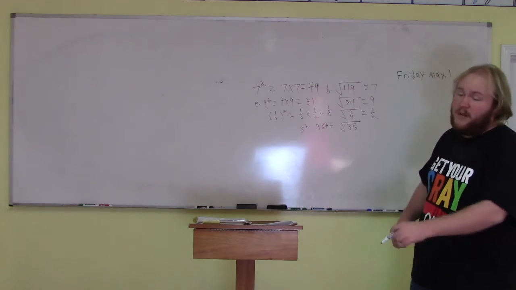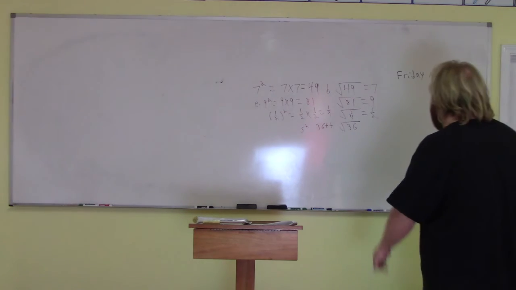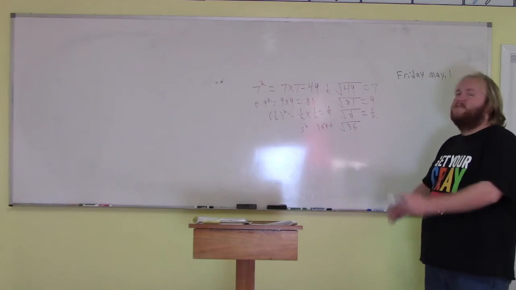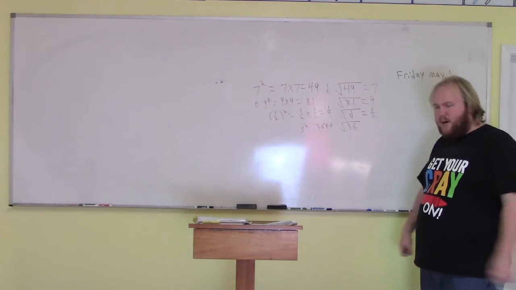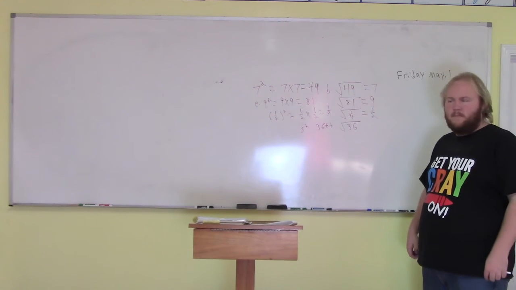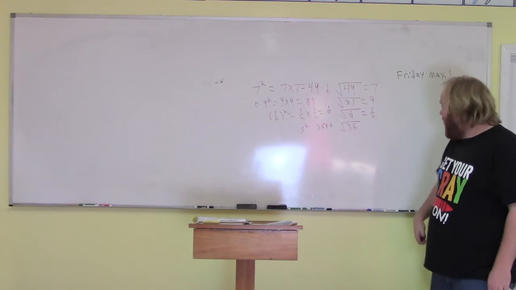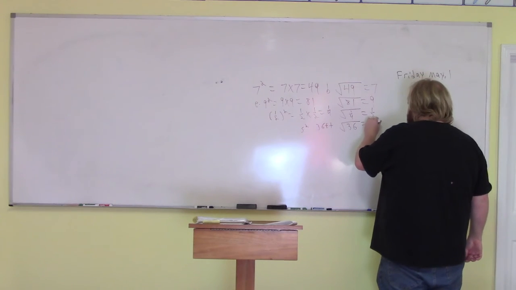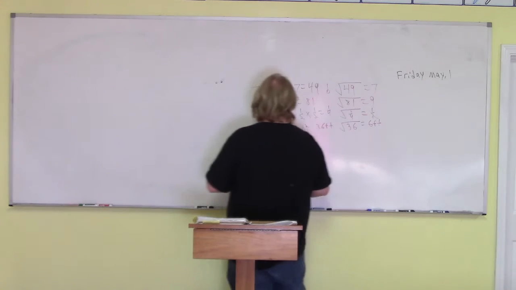And it is a whole number. I'll give you guys a couple of seconds to think. What times itself equals 36? You know your times tables. Give you a little bit more time. I hope you came up with the answer of 6, because that's correct.